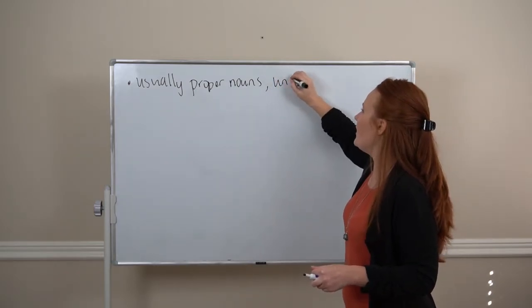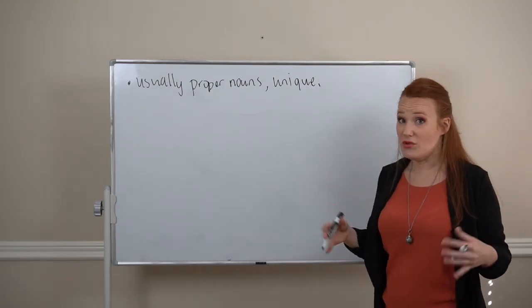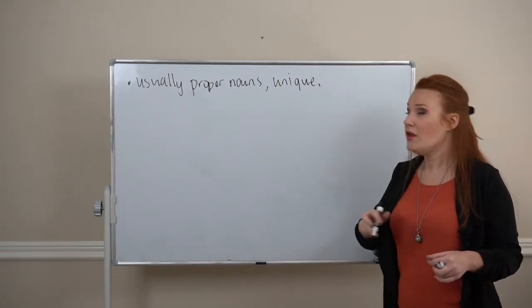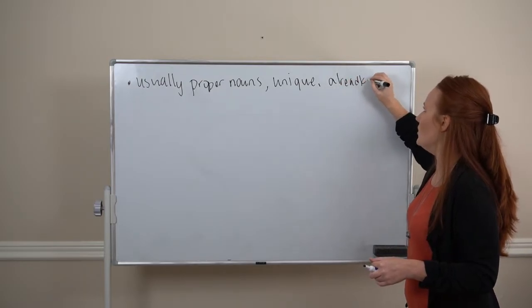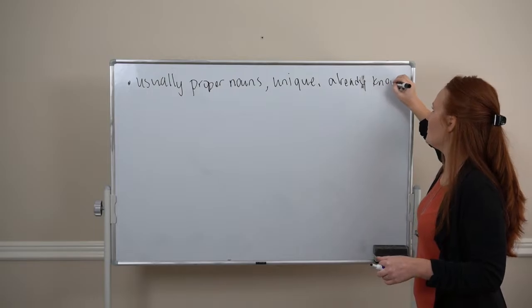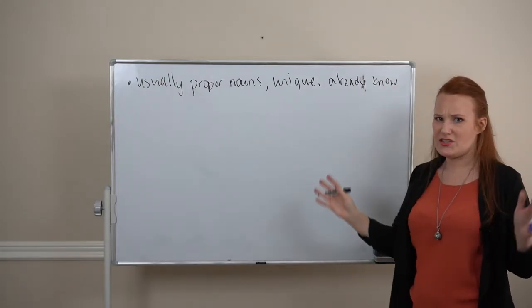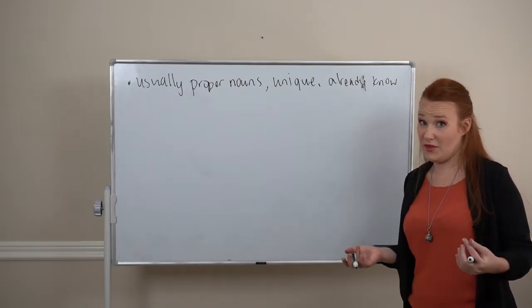There's something that is unique, like the sun or the moon, there's only one. Or something that we already know which one is being discussed. It's been talked about before. I know which one. I don't need the clause to tell me.